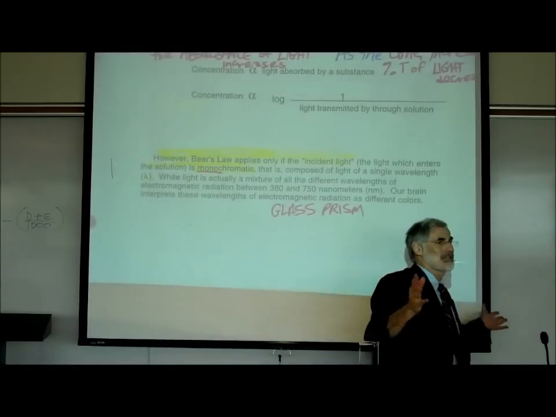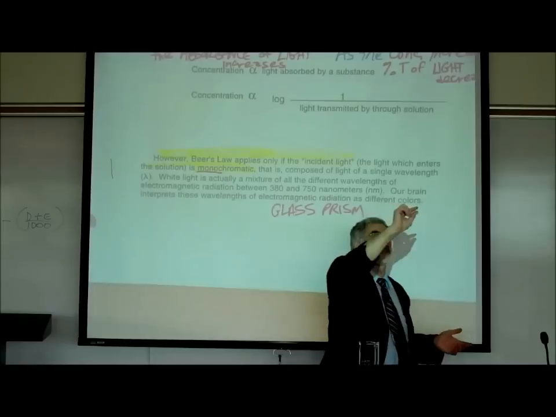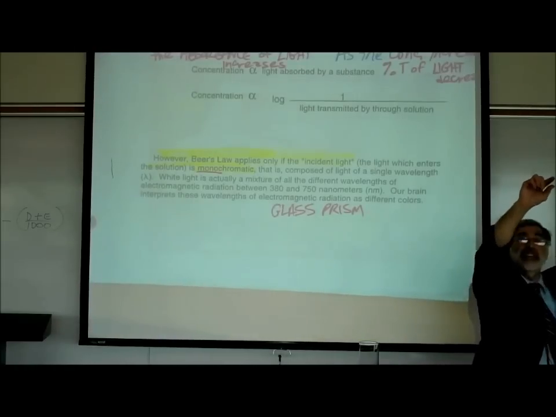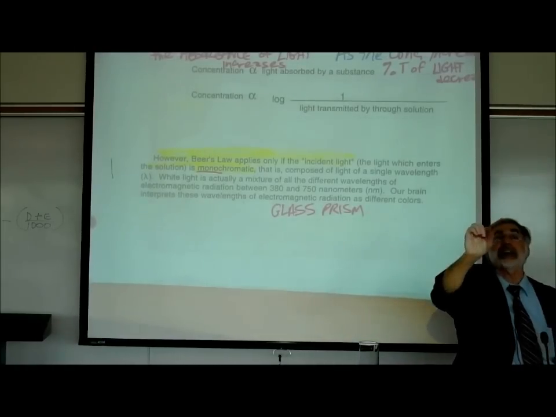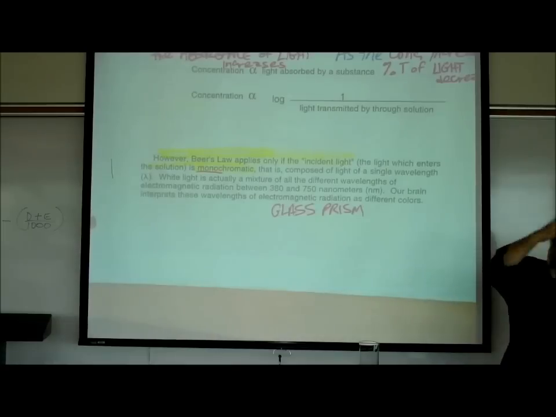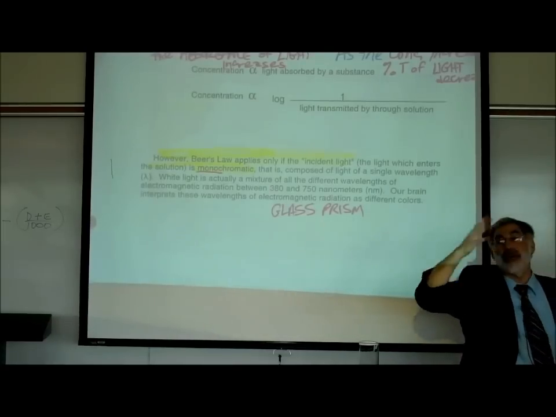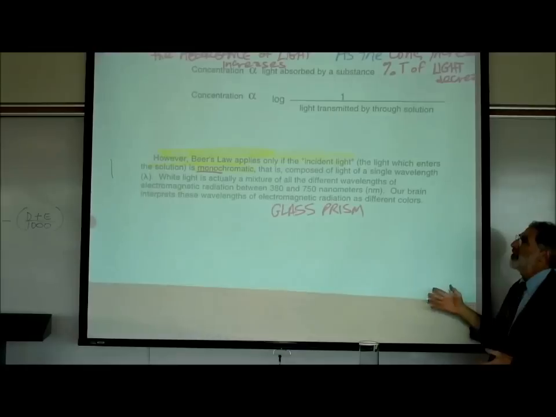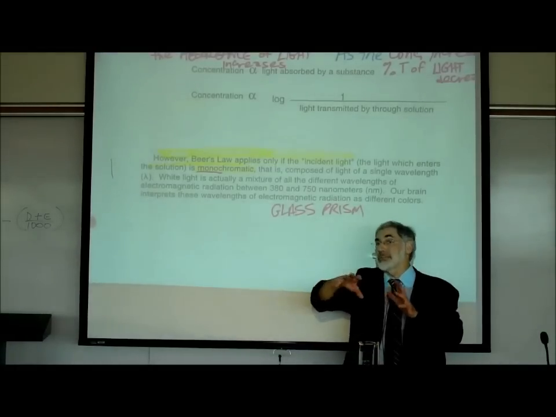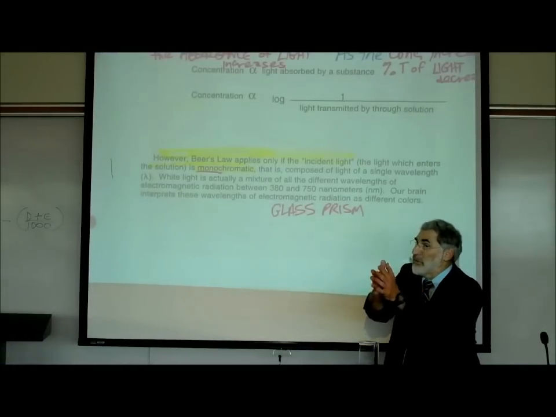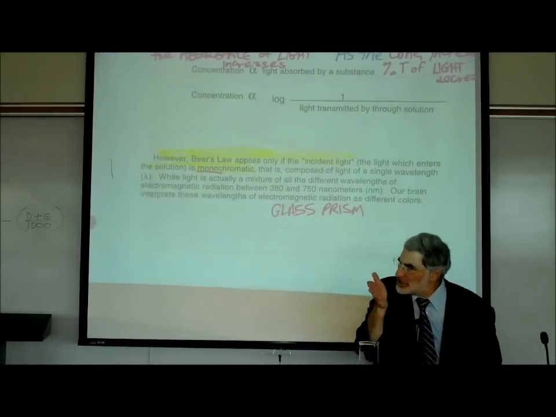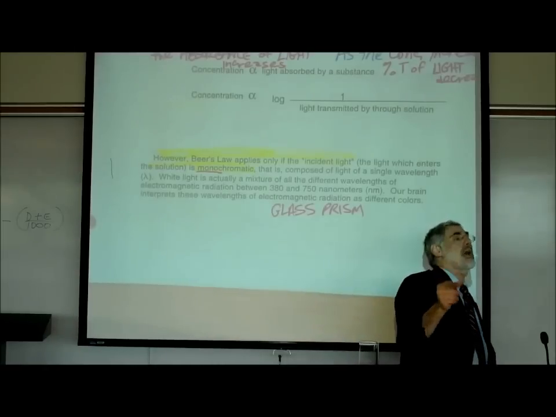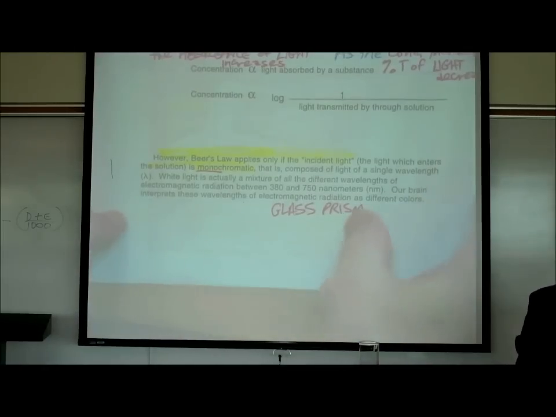That's how a rainbow is created. The little droplets of water that are floating in the air after a rainstorm act like a little prism and break apart the white sunlight into the rainbow. So we could basically use a prism to break apart white light and just aim light of a single wavelength through that solution.